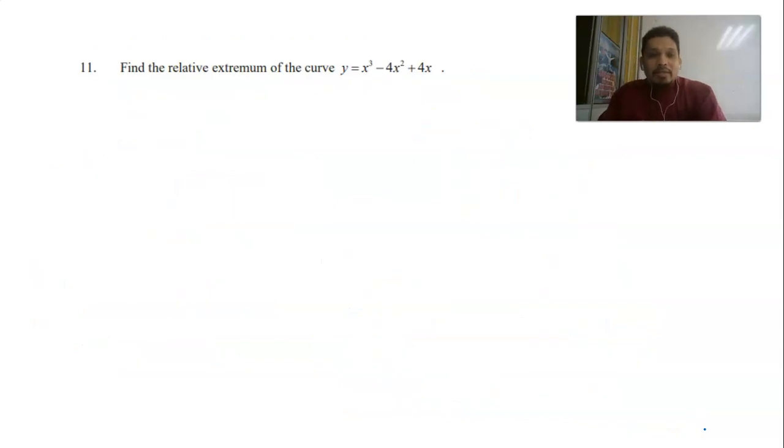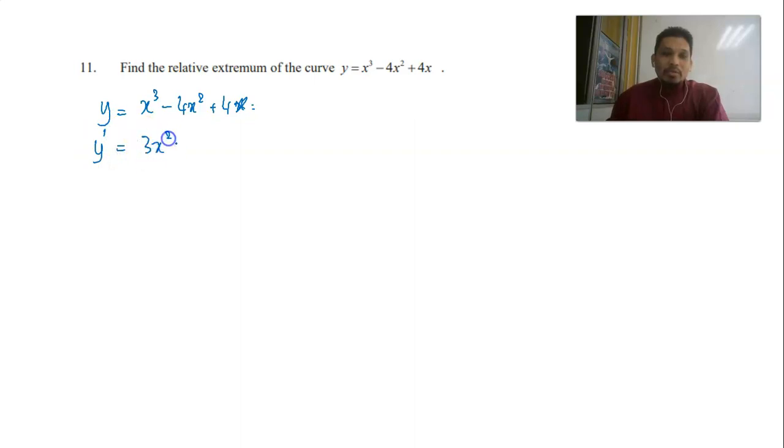Okay, next, find the relative extremum of the curve y equal to x cubed minus 4x squared plus 4x. So then y equal to x cubed minus 4x squared plus 4x. Okay, so then y prime or dy/dx equal to 3x squared minus 8x plus 4.